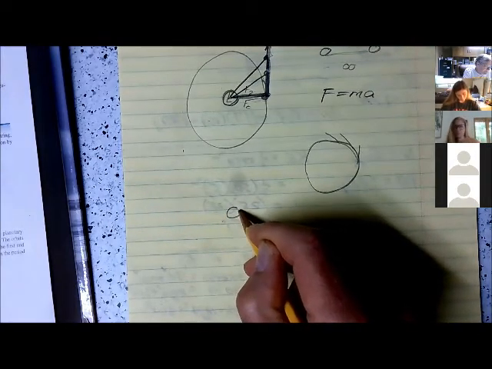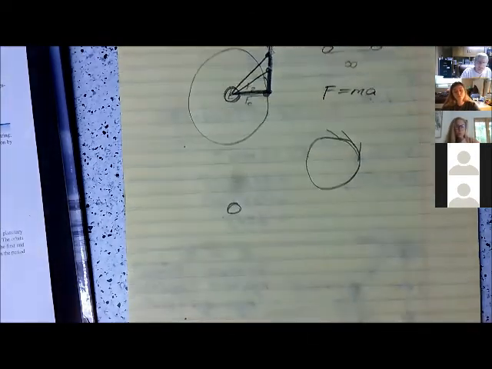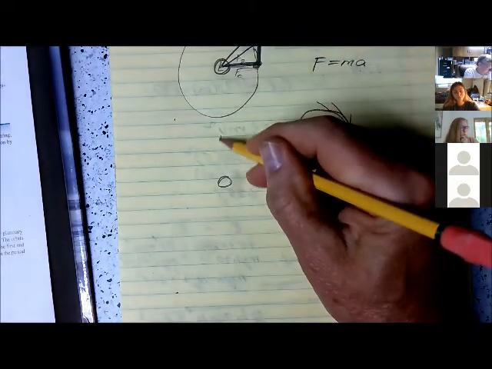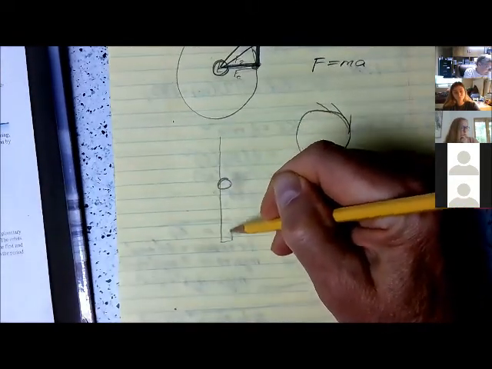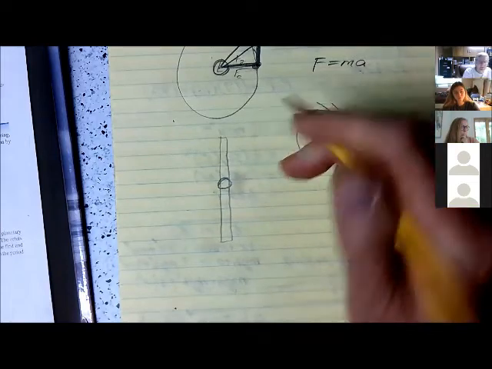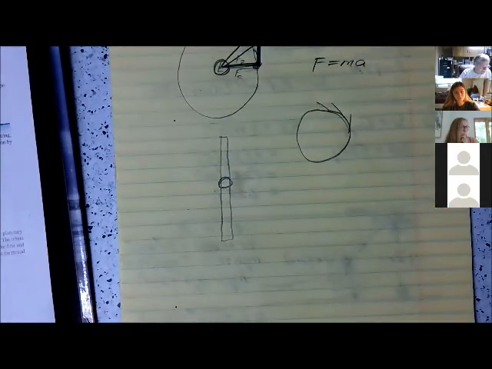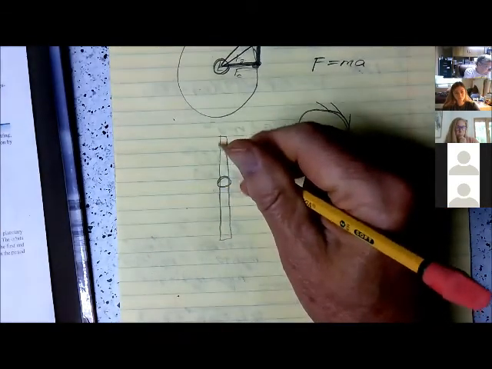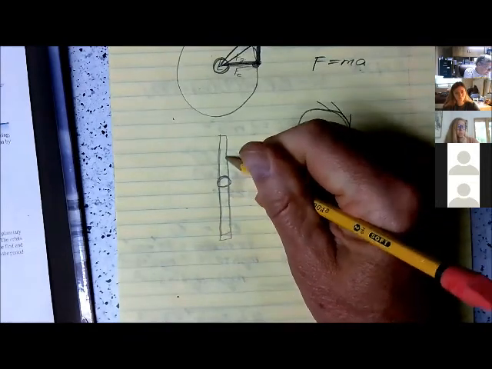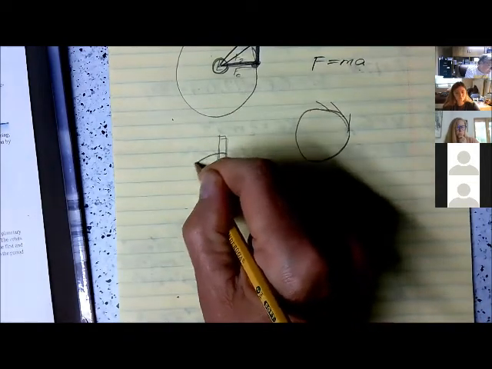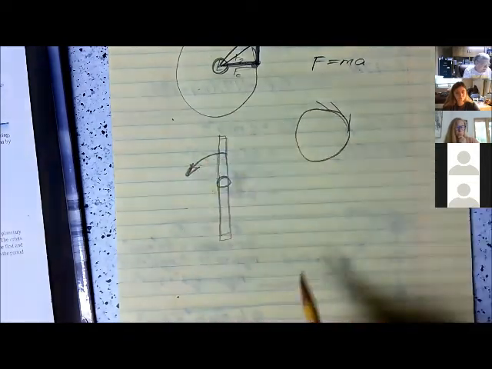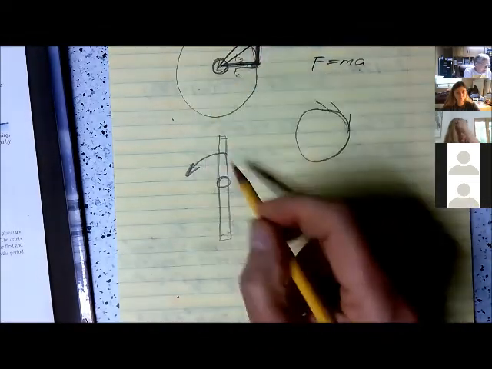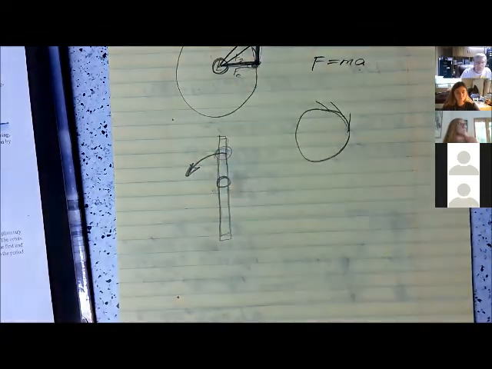Let's say you have a pivot point, and we do this in class when time permits, though in this course not too often. There's a board, you sit on the board, and it rotates in a circle. It's the same kind of idea as the moon going around: the moon would be wherever you're sitting.